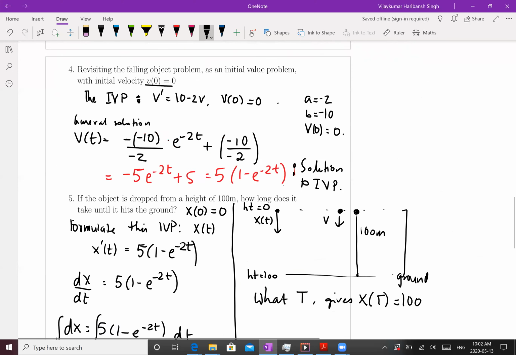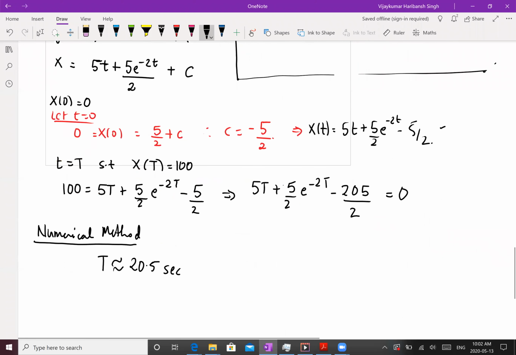You need a numerical method because this equation cannot be solved algebraically. At least I don't know how to solve this algebraically at the moment. So you can use a numerical method and this will be the solution.